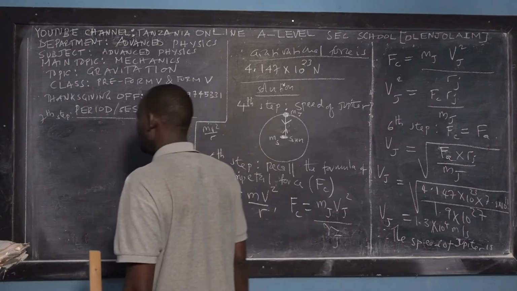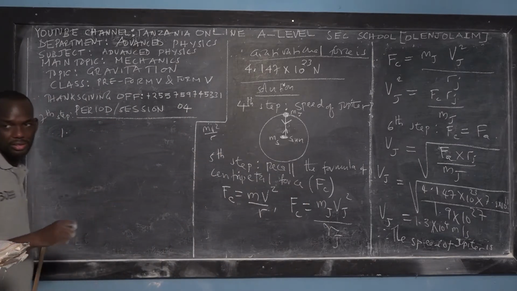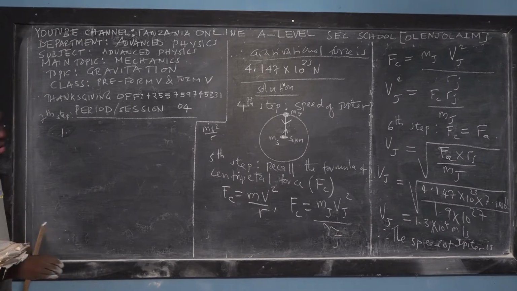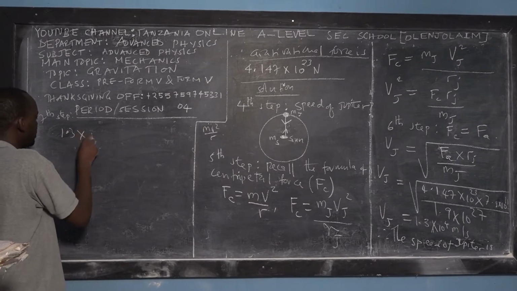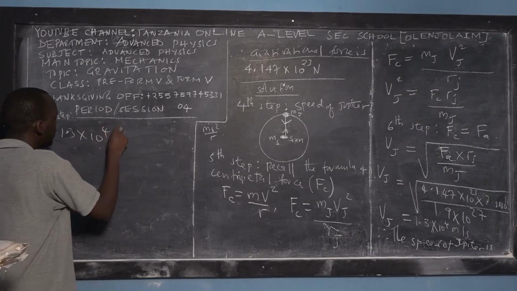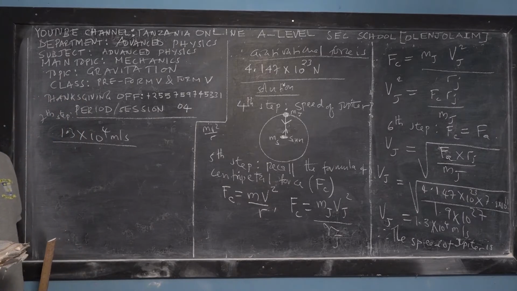Speed of Jupiter is 1.3 exponent 4 meters per second. Yeah.